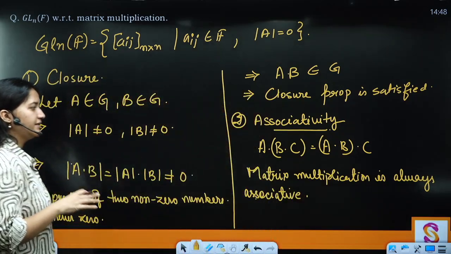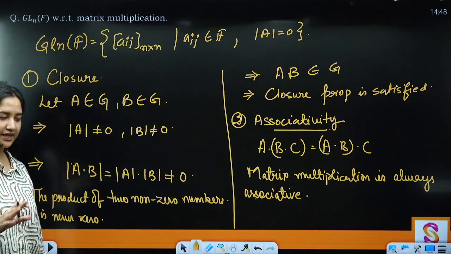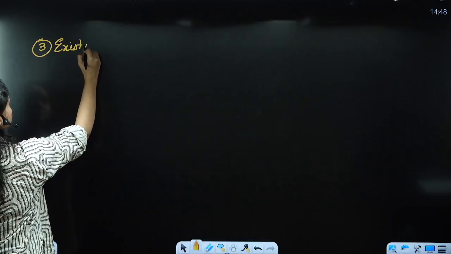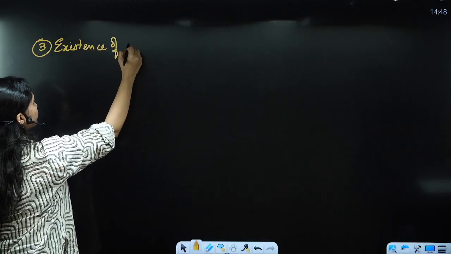So this implies that the associative property is also satisfied. Now moving on, existence of identity.